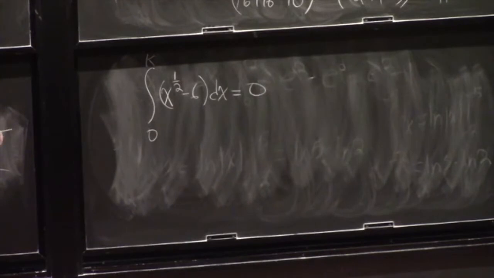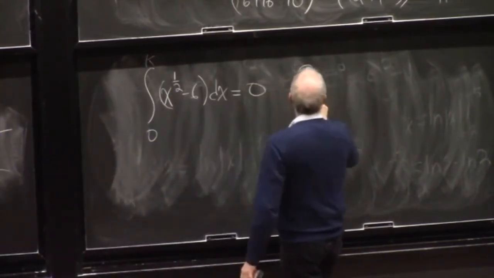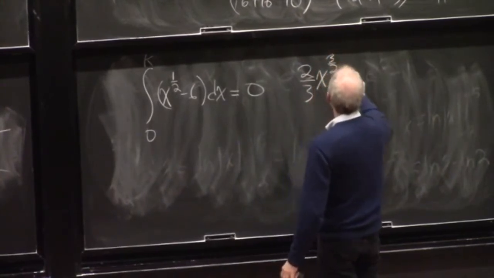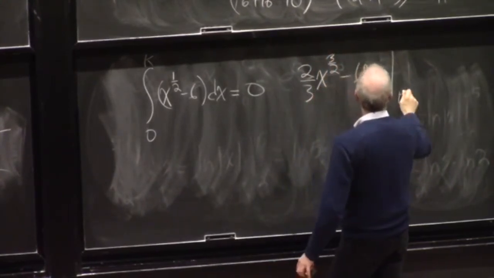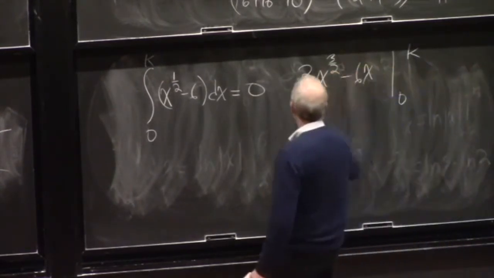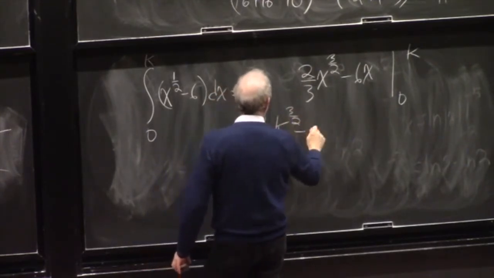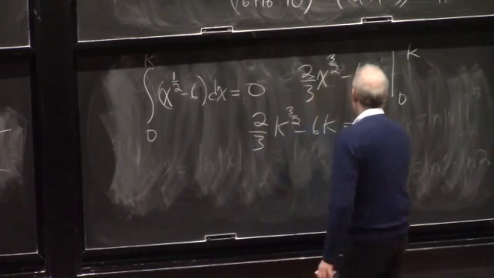So how would we do the break even? If we figure out the formula, we say, well, let's see, this is 2/3 x to the 3/2 minus 6x from 0 to k. Pick any letter you want. Since the 0 part doesn't matter, it's 2/3 of k to the 3/2 minus 6k has to come out 0.